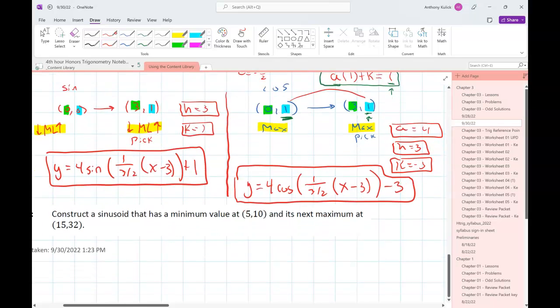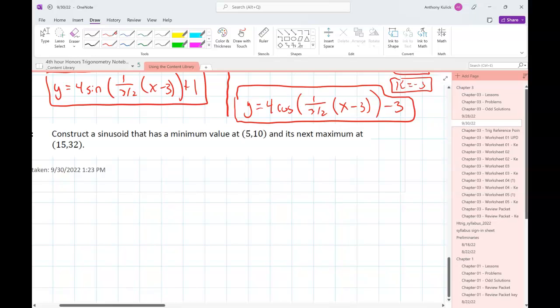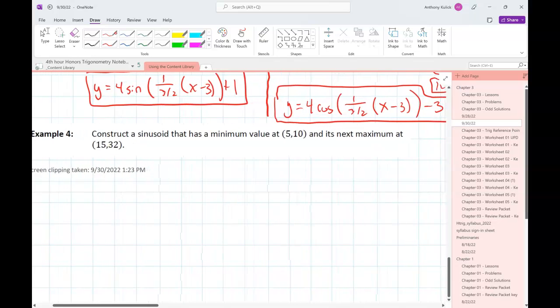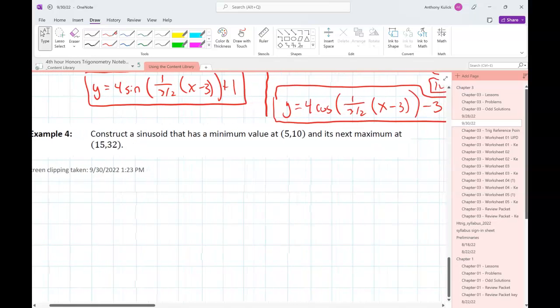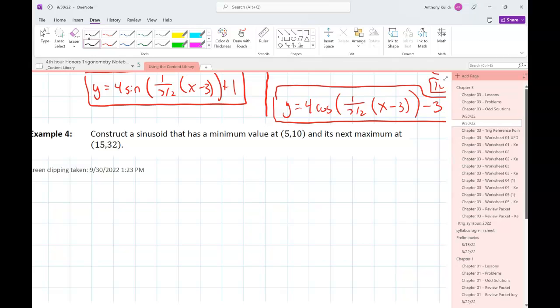All right, this is our last example. Here it says, construct a sinusoid that has a minimum value at 10 and the next maximum at 32.